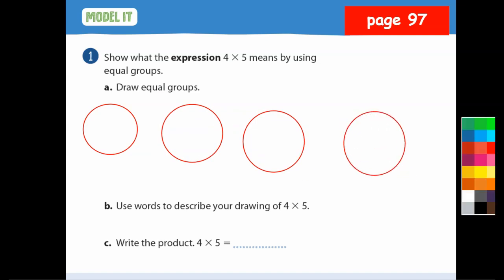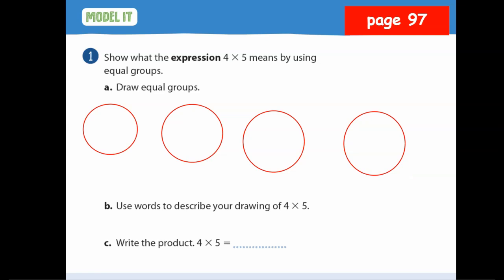The second number tells me what? Yeah, how many in each group, right? So how many in each group? 1, 2, 3, 4, 5. 1, 2, 3, 4, 5.